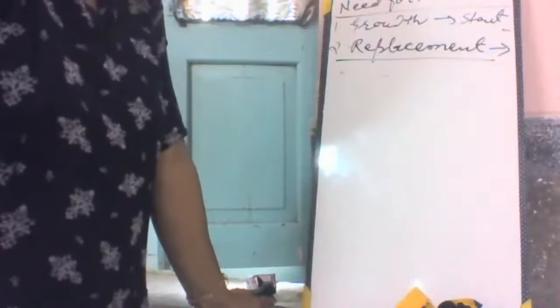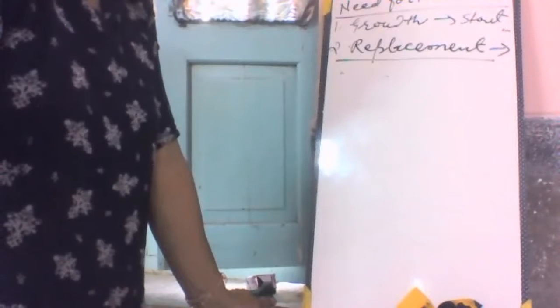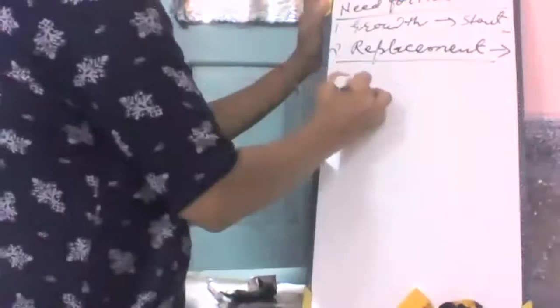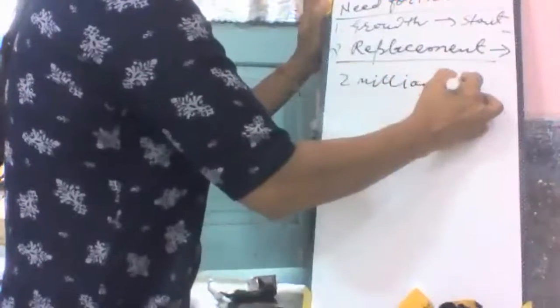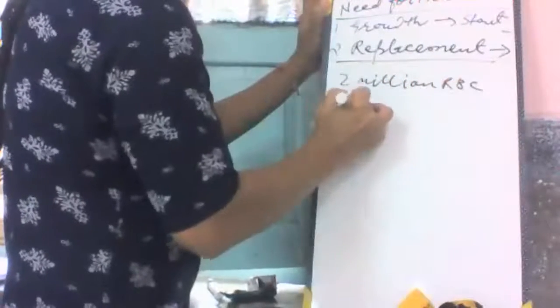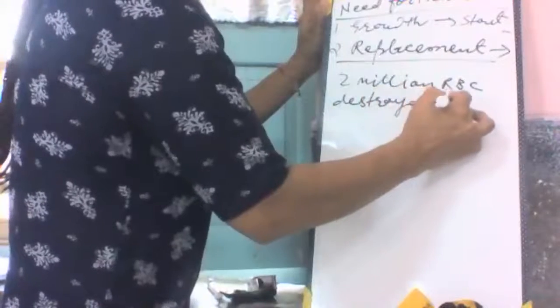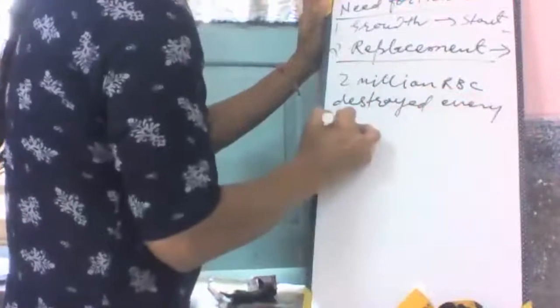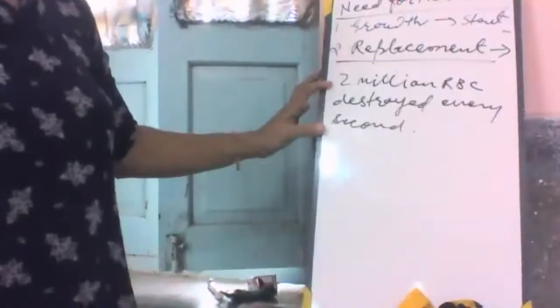For example, 2 million red blood cells in our body are destroyed every second, to be replaced with new RBCs.